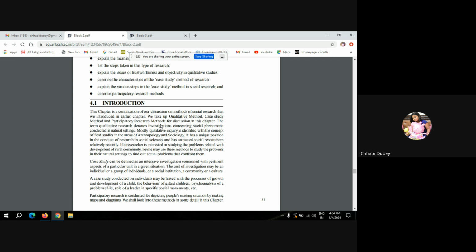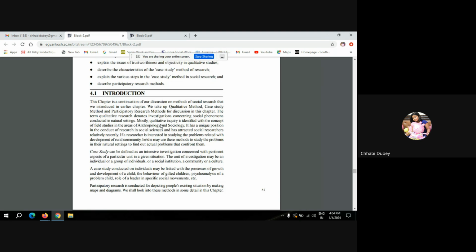Now, apart from that, we have another type of research which is known as qualitative research. Qualitative research is basically dependent more on qualitative data. So, this unit discusses all about qualitative research.